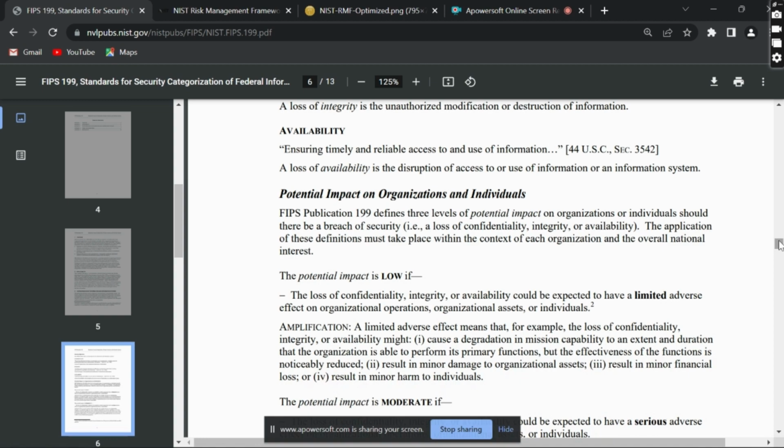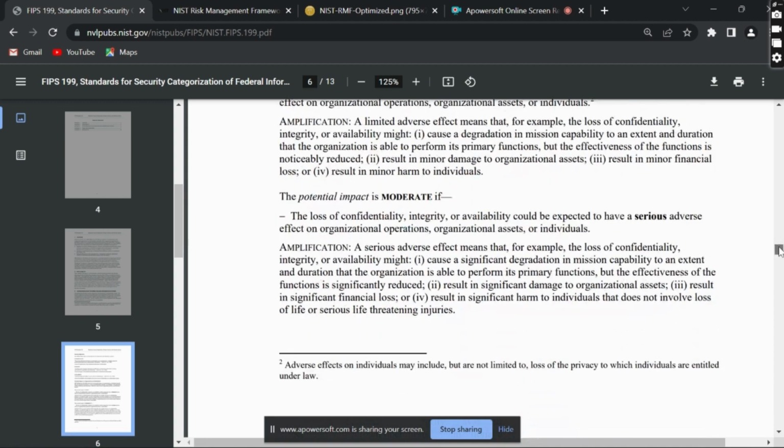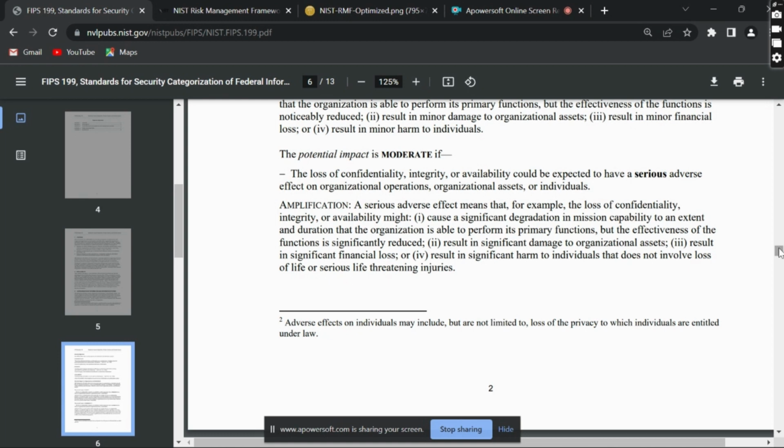Okay. So when the potential impact is moderate, the loss of confidentiality, integrity, or availability could be expected to have a serious adverse effect on organizational operations, organizational assets, or individuals. Which is the implication?